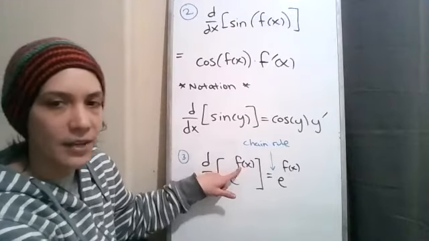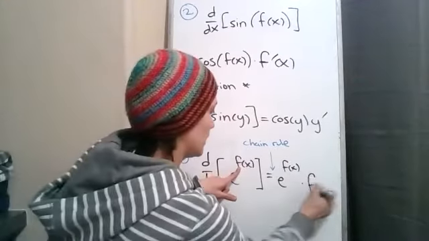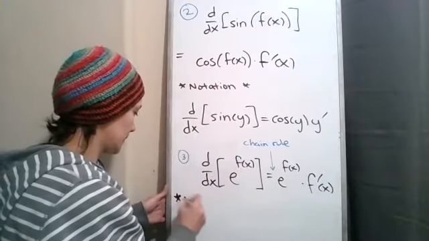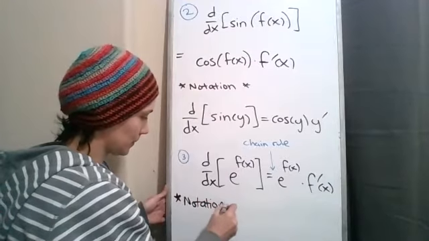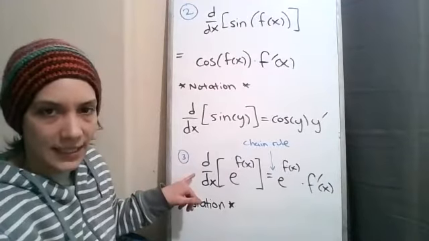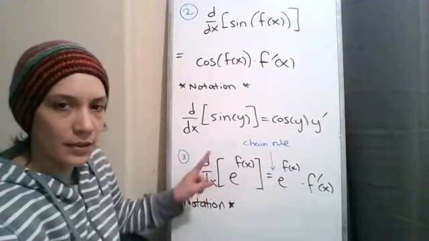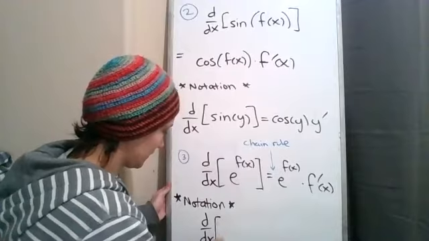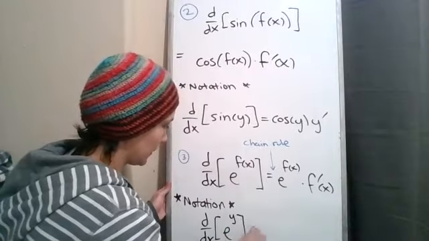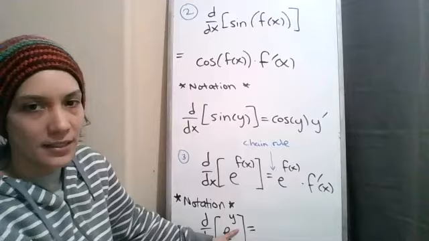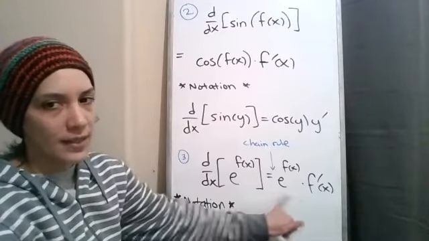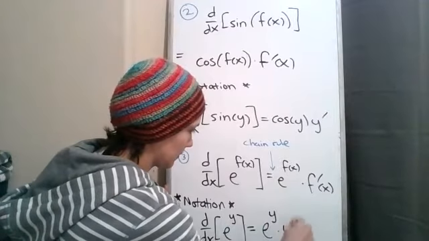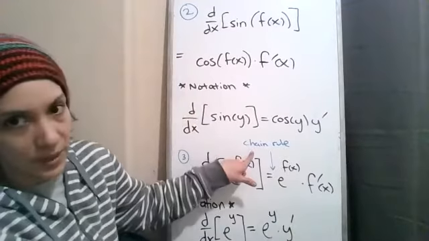Then multiply by the derivative of the inside function. What we'll write instead is the derivative of e to the y equal, because y is some function of x, we get e to the y times y prime. From that rule.